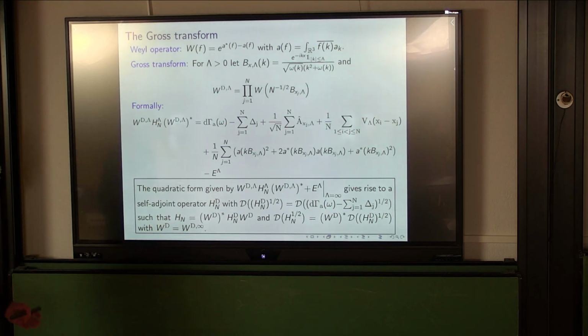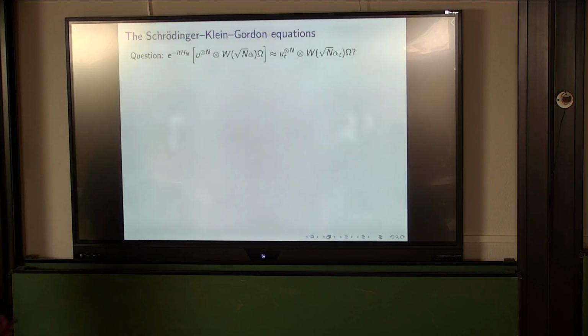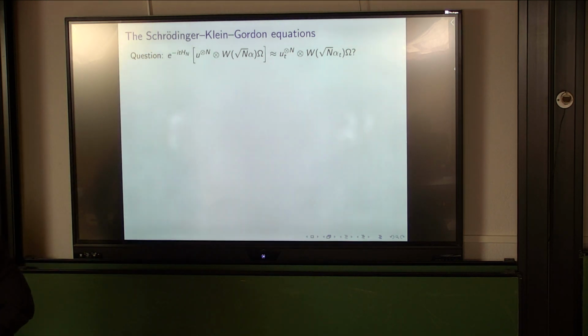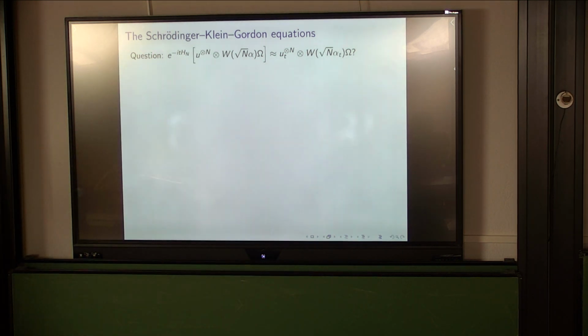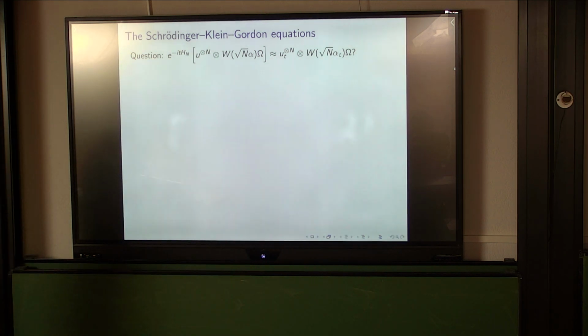So one can think of for which states this will make sense, and a central part is played in this context by coherent states, because coherent states basically behave like classical states. So if the system is in a coherent state, one can replace the quantum field by a classical field.